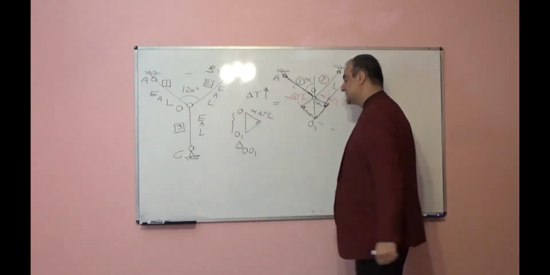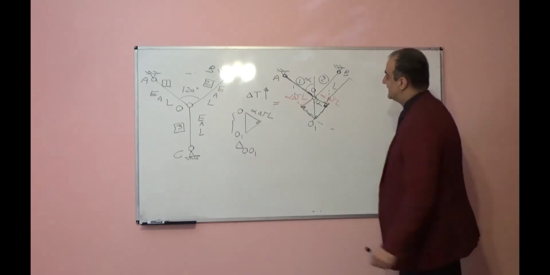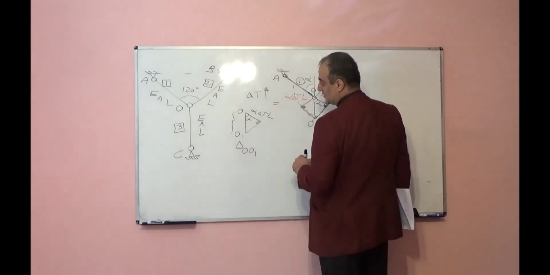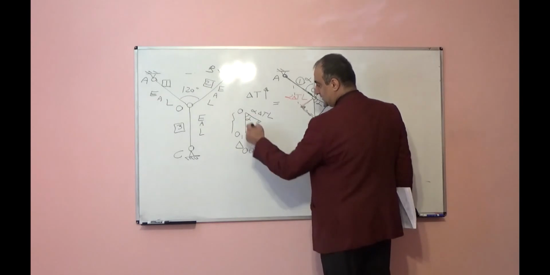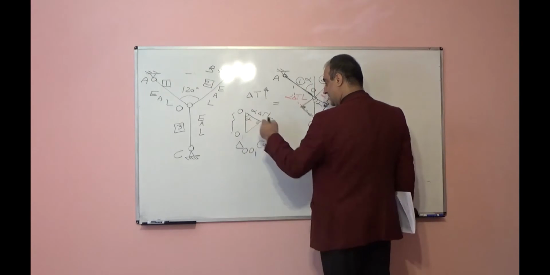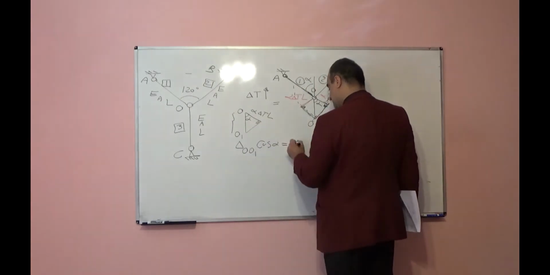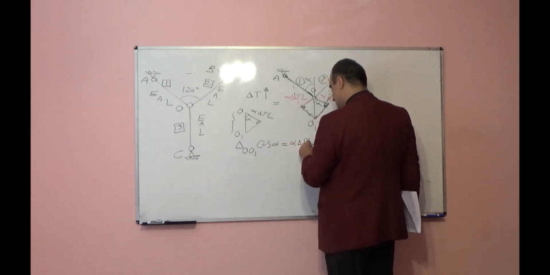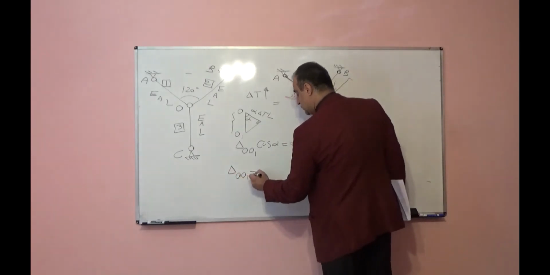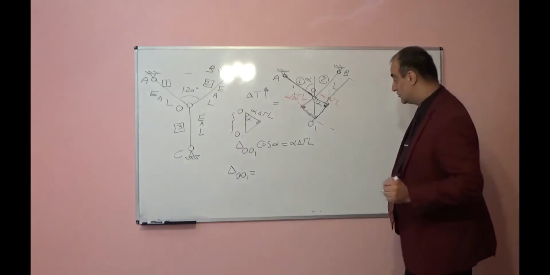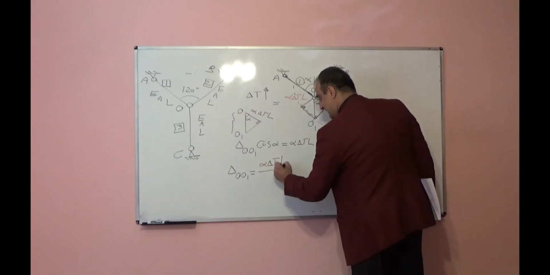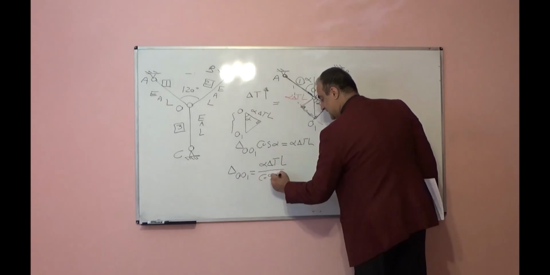This height is delta O1, and this angle is alpha. So delta O1 times cosine alpha should be equal to alpha delta TL. From here I can write delta O1 is equal to alpha delta TL divided by cosine alpha.